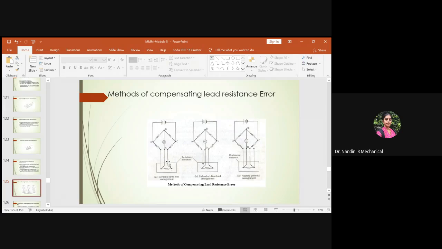If that is the case, the change in the ambient condition will nullify among these three. So the error associated in passing the resistance from the thermometer to the bridge will be nullified, and hence it will be compensated. Here you are using uniform length of the lead wires.